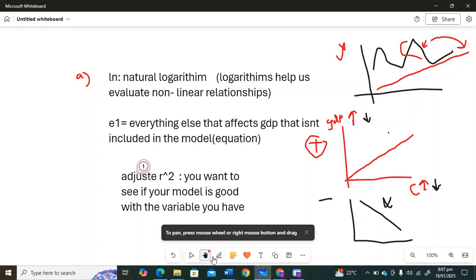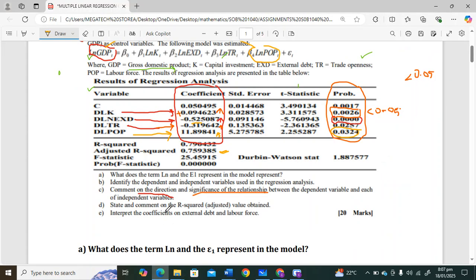The closer it is to 1, the better your model. It means you have picked the correct variables in your equation because they're explaining any changes that happen in GDP. As we can see with our R here, it's 0.759, which is almost close to 1.